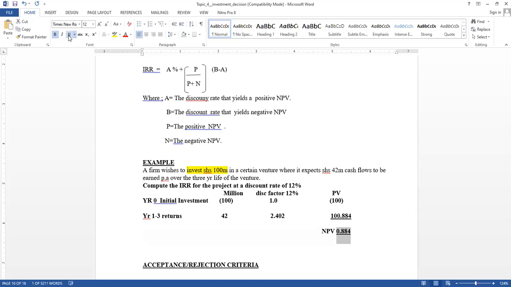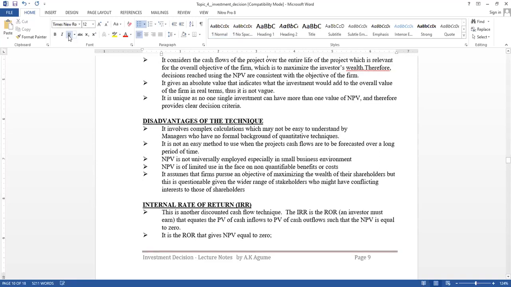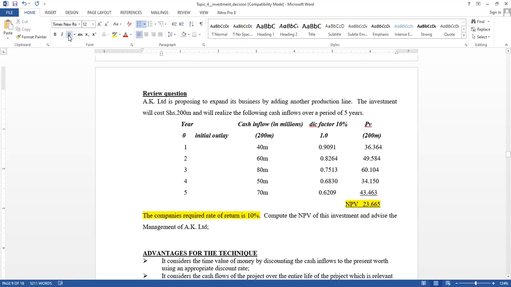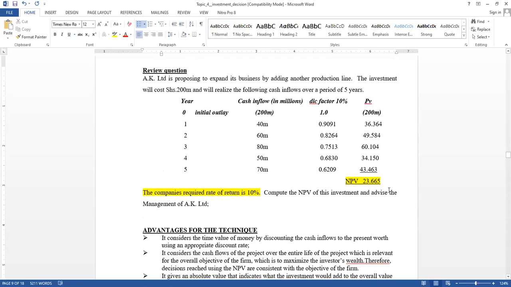You have seen that 12% has given me a positive NPV. Now, I need that rate. Excuse me. Now, this takes me back to the previous number which we calculated, because the figure we took for NPV, I think the person who calculated didn't consider the initial investment, which makes me believe that the NPV should be 23.665, not 223.665.